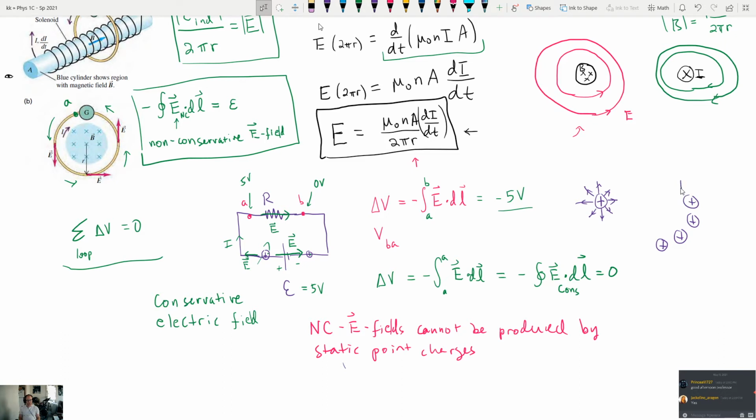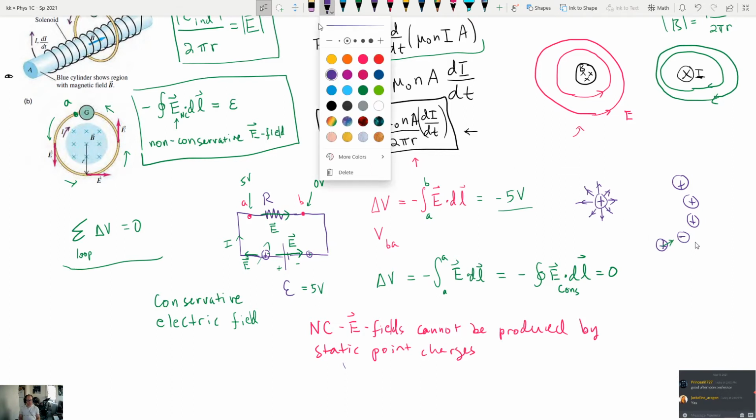Not really, because now you could imagine I can draw one set of electric field lines that basically goes from here to here. The problem is that there's an electric field line from this one that goes back this way. So then you might say, okay, well, maybe we put a negative charge in here. So now I put a negative charge in here, and now you can imagine this field line goes from this to this.